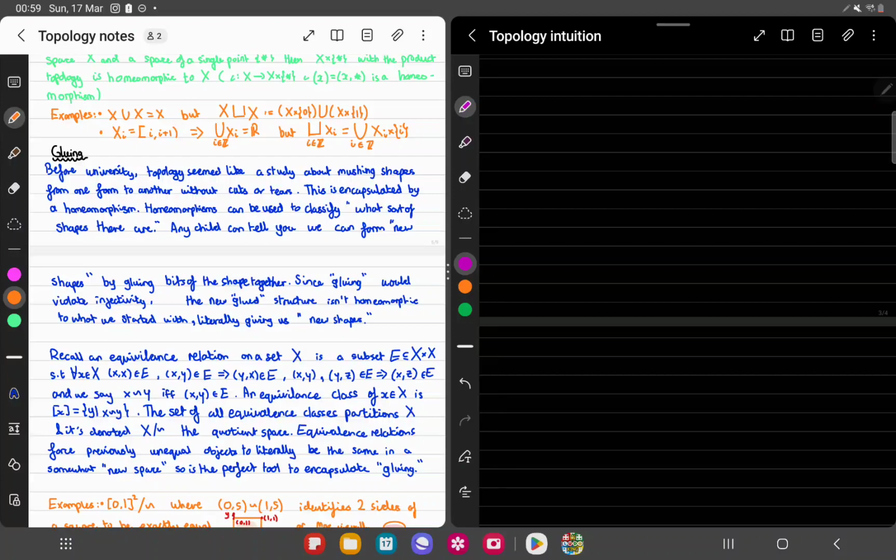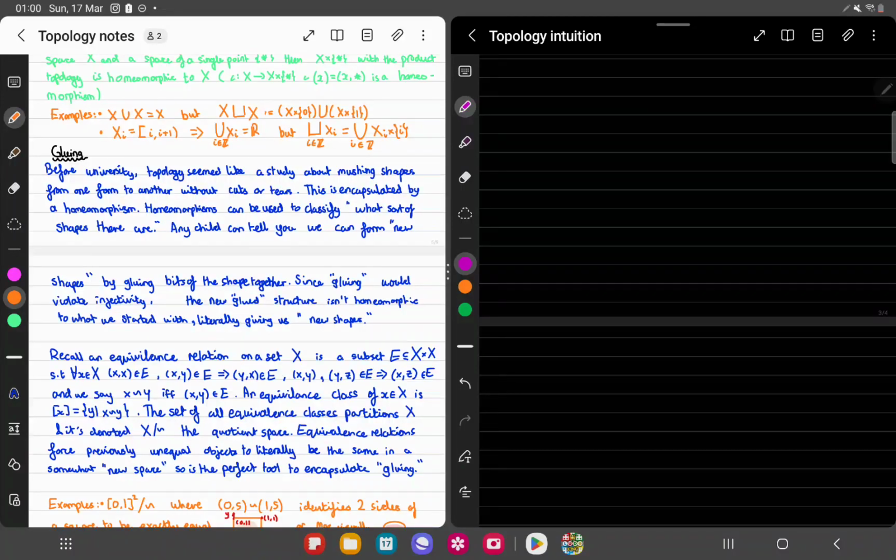So we're going to try and understand how we can get new shapes by this notion of being able to glue things together and getting something that's no longer homeomorphic to what we started with, because our homeomorphisms just broke. I mean, it's not entirely that if you glue, what you could do is glue every point to itself and you get a new space, but it's sort of like rewriting the same space.